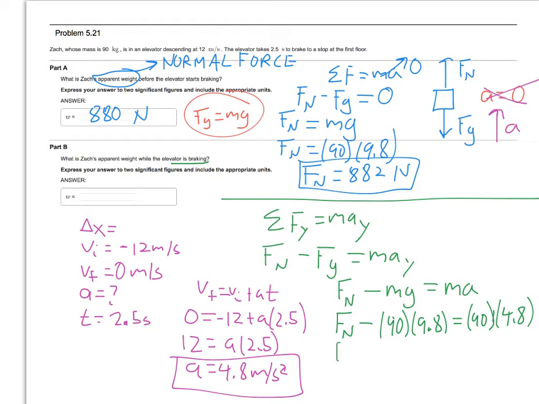So I can go ahead and solve here for my normal force. I end up finding that my normal force here is going to be equal to 1,341.8 newtons. Since we're rounding to 2 sig figs here, that's just going to be 1,300 newtons. But it should accept 1,340 or 1,342 even.